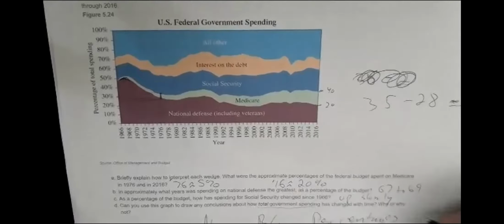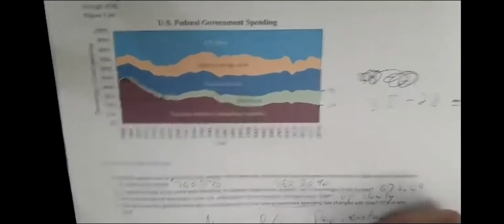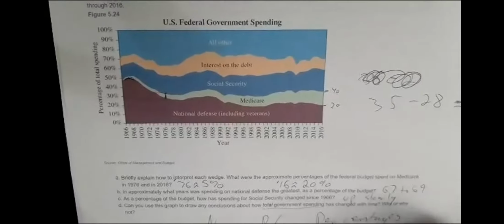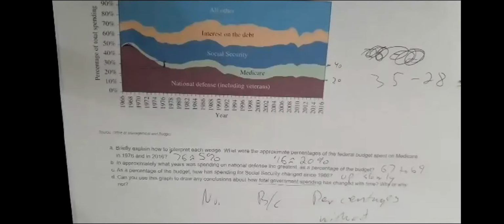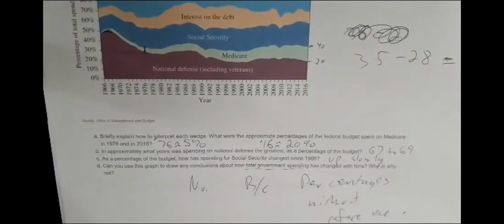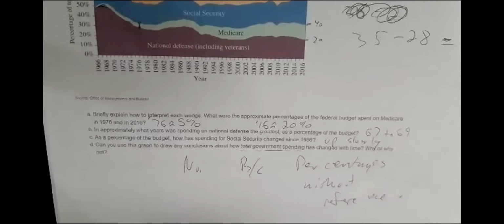Okay, so I just thought they meant that national defense is lower, but other government spending was used in other parts instead of interest on the debt or Medicare. There's growing more on Medicare, a little more on other, and a little more in Social Security.